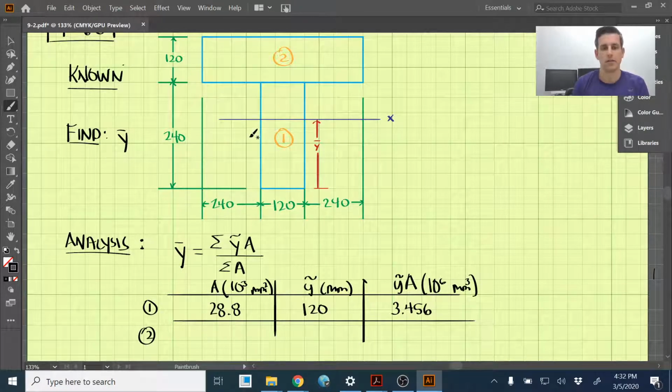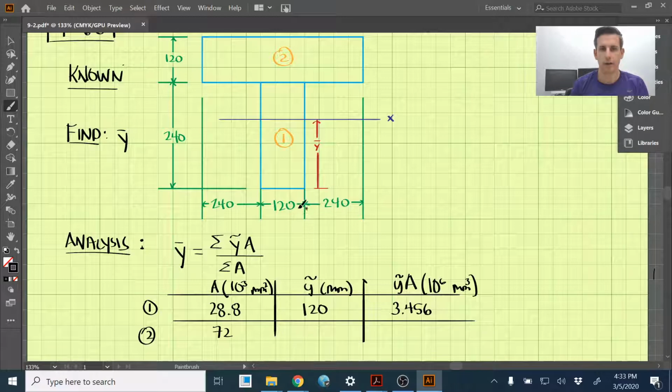All right, moving on to the second shape, this shape up here. The length of that is 240 plus 120 plus 240, that's 600, times 120, and that comes out to 72 times 10 to the third millimeters squared.